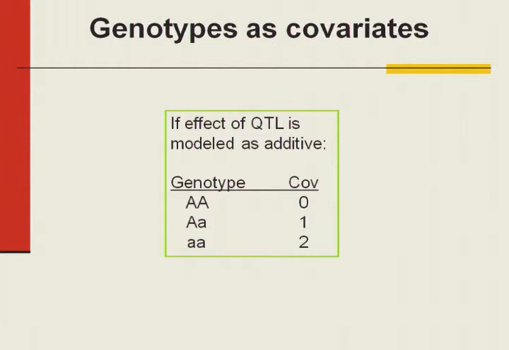So I'm saying under an additive model here because I've forced the heterozygote mean essentially to halfway between the two homozygotes. But if I don't like my additive model and I want to include that dominance component, I can make another covariate here that's 0, 1, 0, and that essentially allows the mean of the heterozygotes to move around from that midpoint.